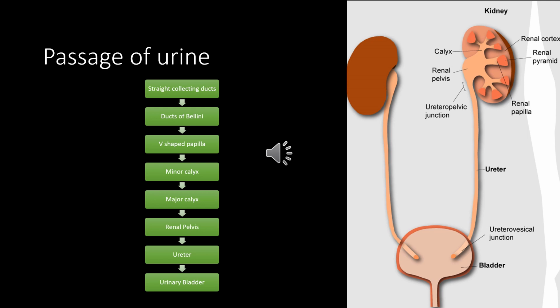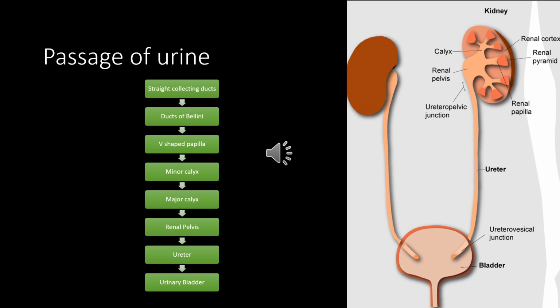Here, the passage of urine is summarized. The straight collecting ducts from the medullary pyramid unite to form papillary ducts or ducts of Bellini, and they open into the V-shaped area called papilla.